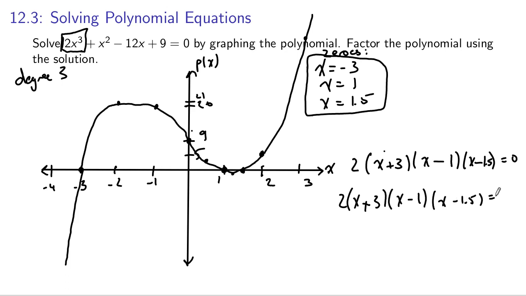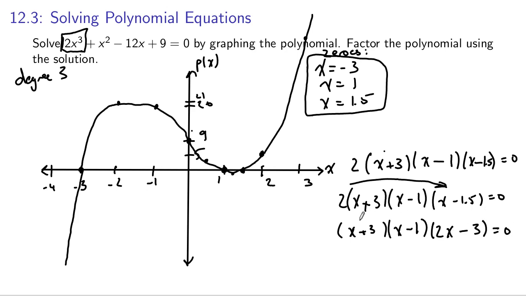We can make this even simpler by multiplying the 2 into this factor here. So we'd have x plus 3, x minus 1, 2x minus, and this is 3/2, so we multiply by 2, we get minus 3. And now we have this nice, pretty factored form of this cubic.